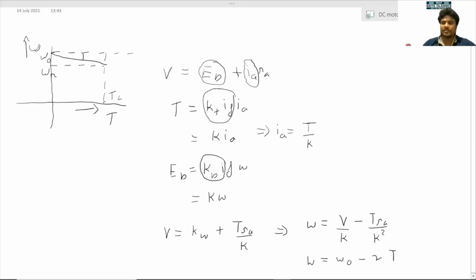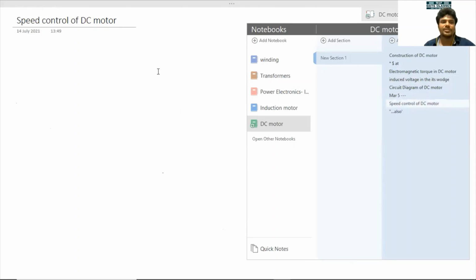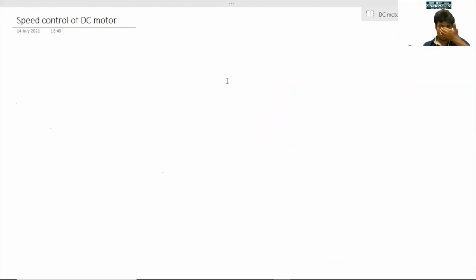So after this, one very important part we can do more, that is the speed control of DC motor. We have talked about this before while doing our induction motor. Every drive, every motor needs to have its speed controlled, because the requirements of users are very different.